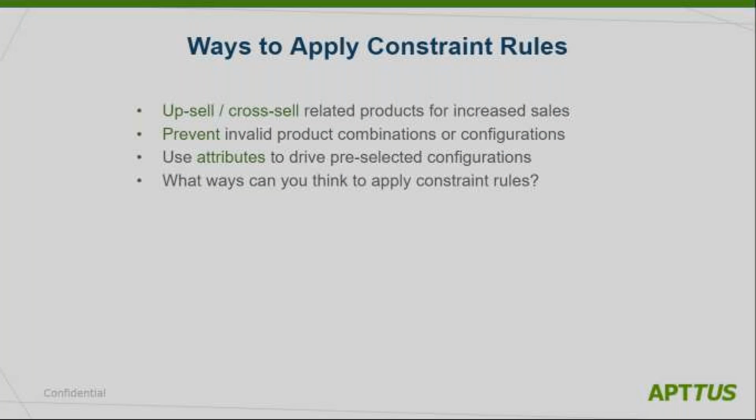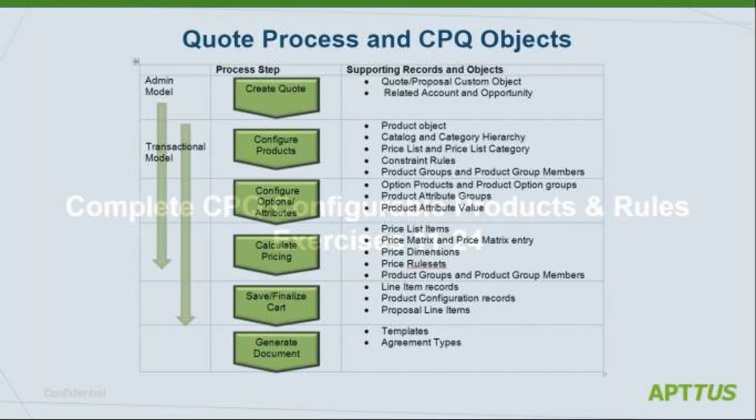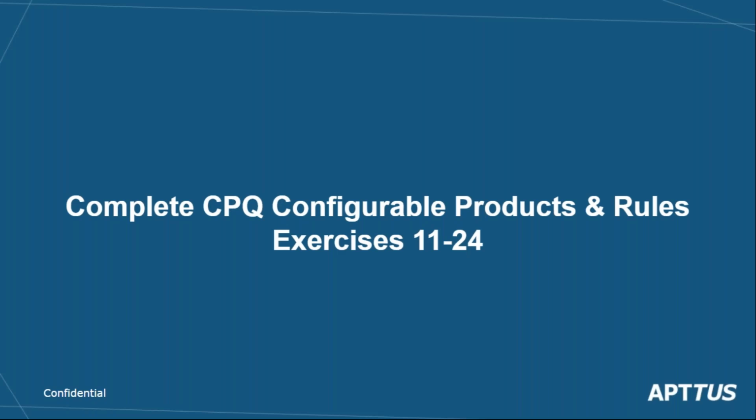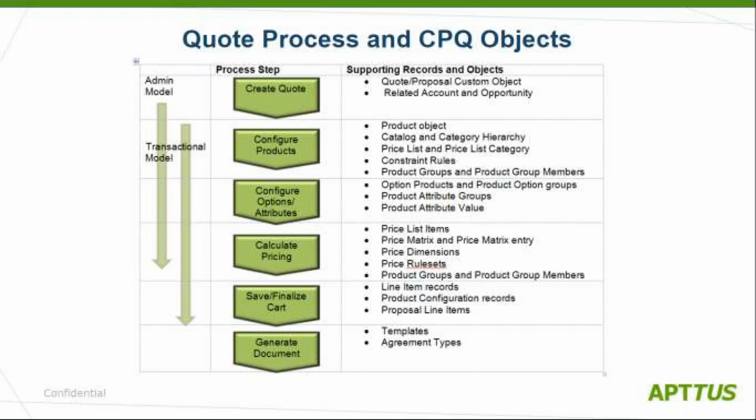So that is also possible. Now we have just covered the constraint rules. The exercises, I think 22, the last exercises for the constraint rule, you should be able to do after our session.